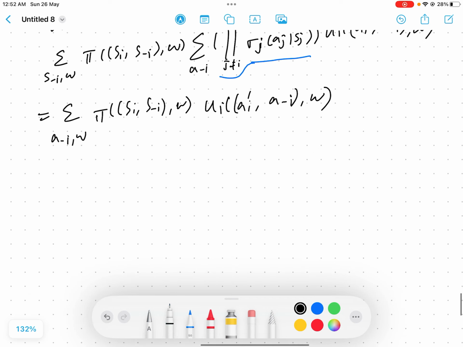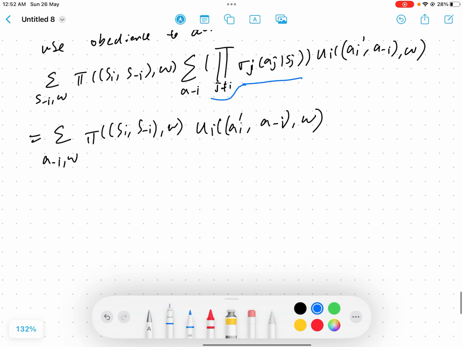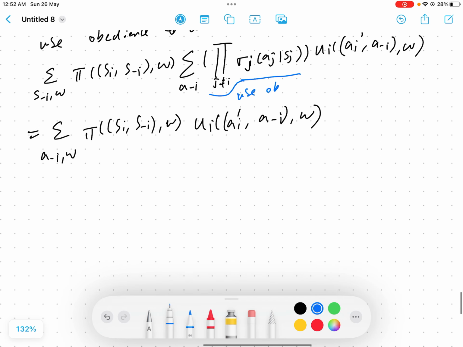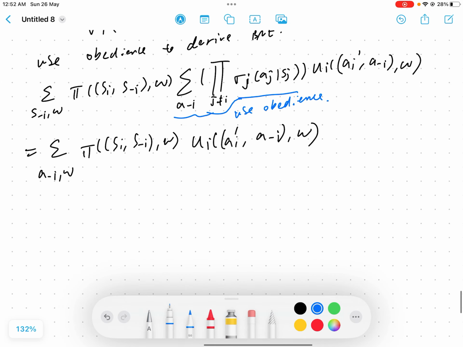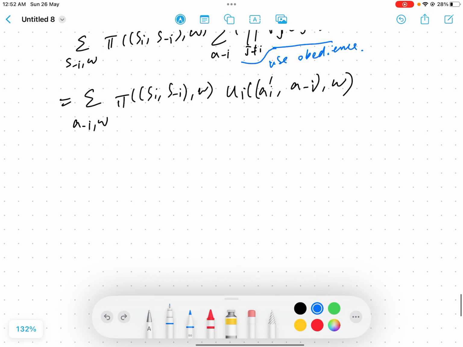So here we just use obedience and then we simplify. That's the first simplification: by using obedience, we can sum over all the s's to get this.